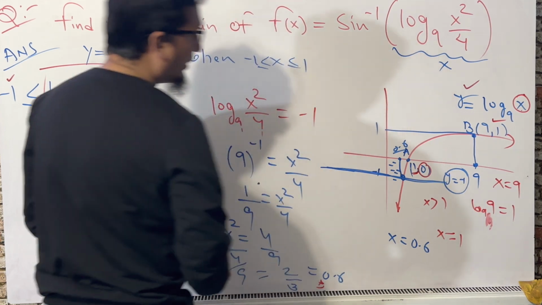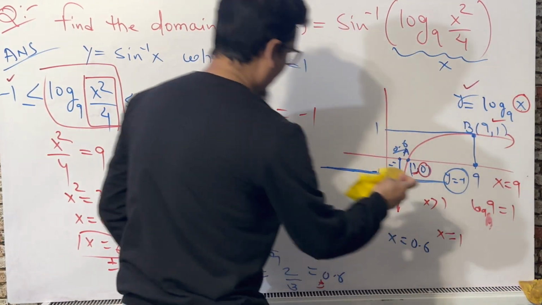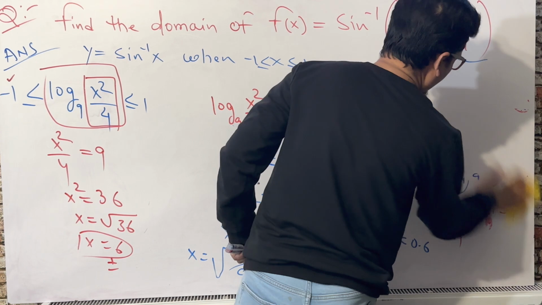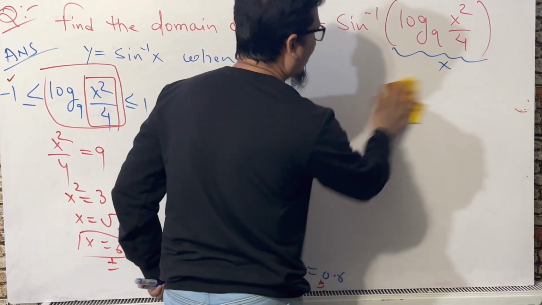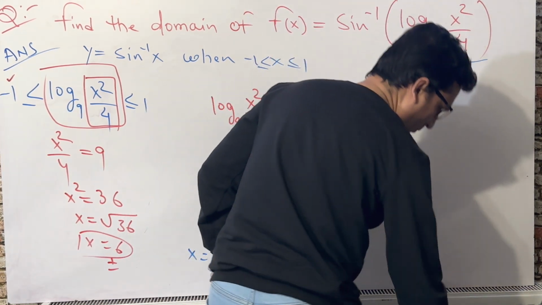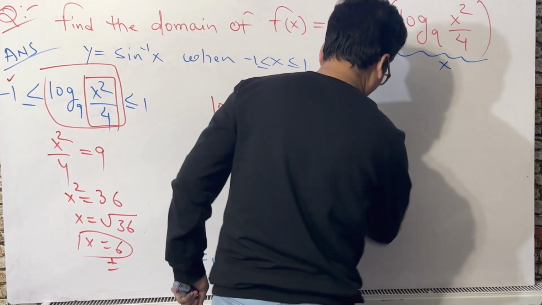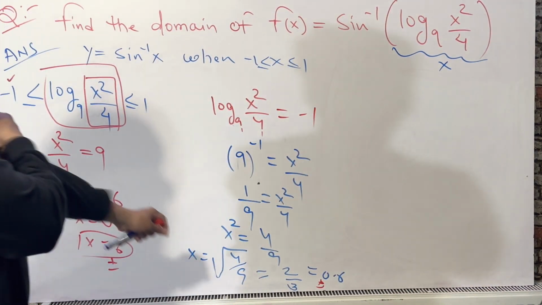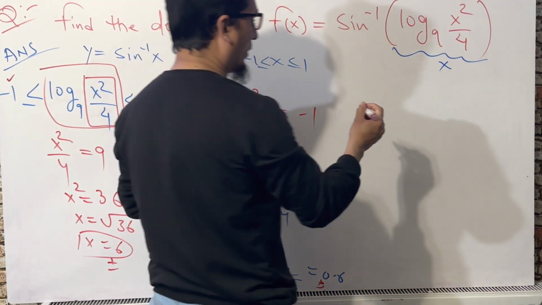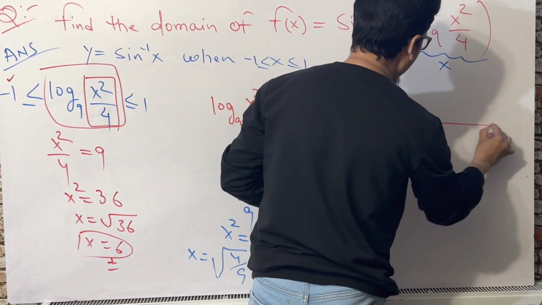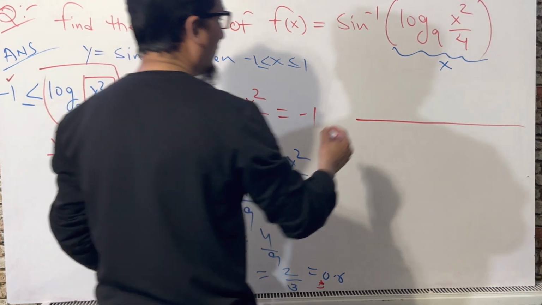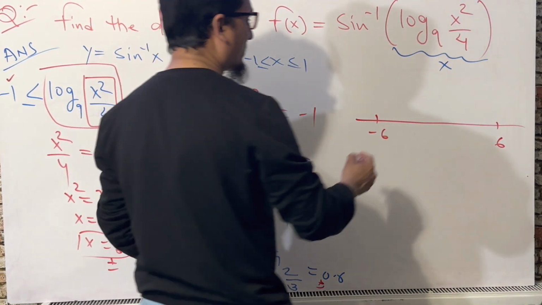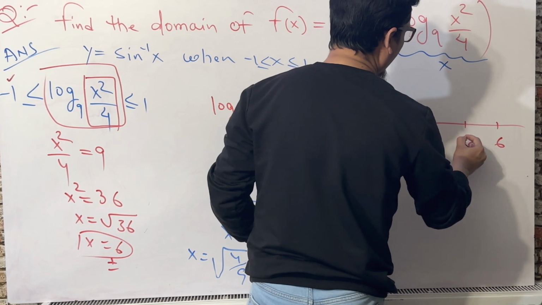Then I draw the graph here. If you are going to draw a number line, the first values are minus 6 and plus 6, and here minus 0.6 and plus 0.6, right?